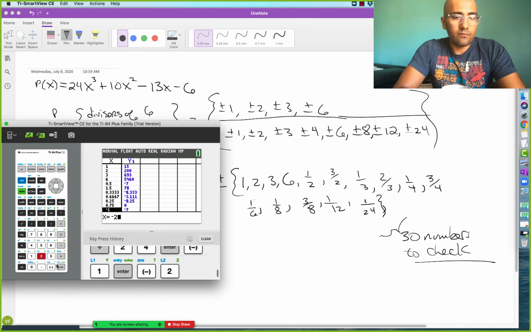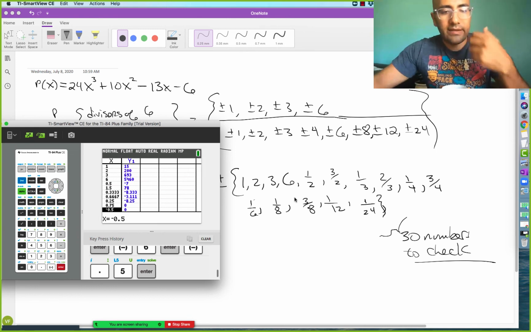Negative 2, negative 3, negative 6. Oh, negative 0.5. We found one. Another one right there. And my calculator is annoying because it's not scrolling down to add more values in my table. So I'm just going to stop there for now and come back to this.